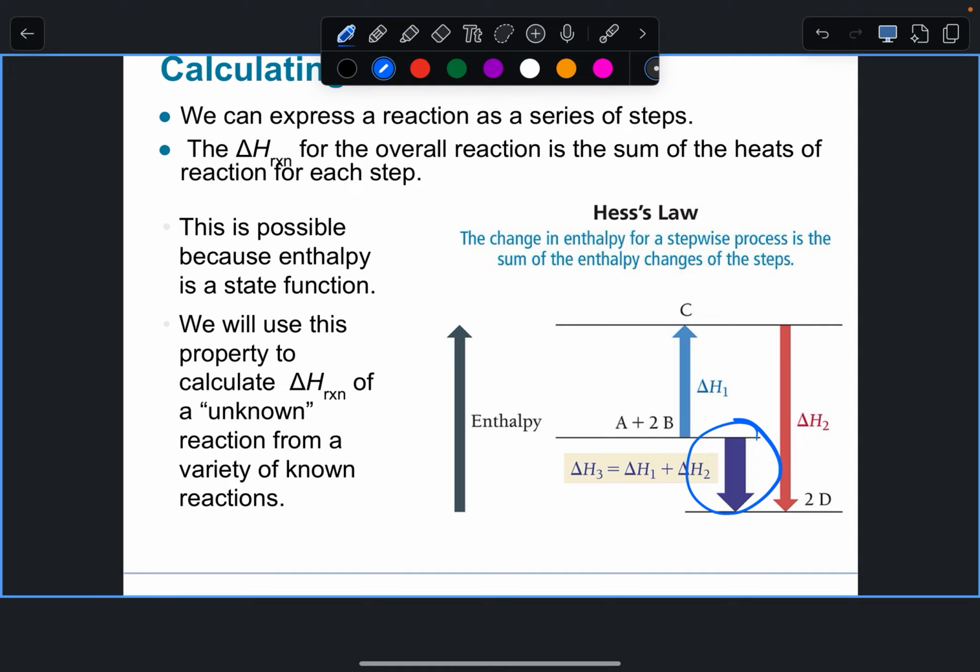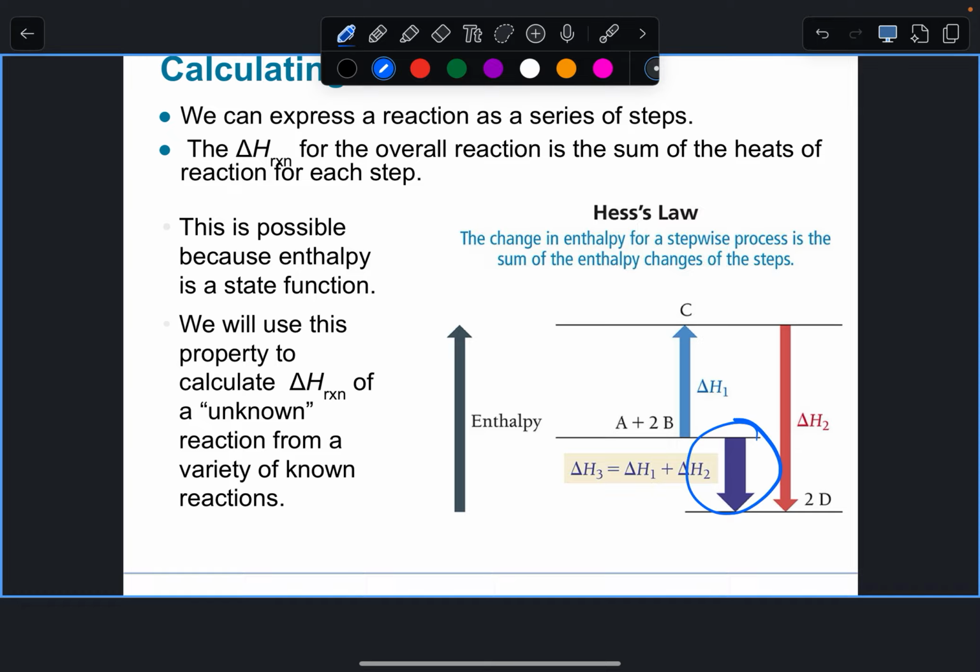And then we know C goes to 2D. So instead of figuring out this one, we're just going to combine these two and say they work to get us from the initial to the final, and that's all we care about. Okay, so that's why this method is allowed, because enthalpy is a state function. It doesn't matter how it gets there as long as we end up in the same place.